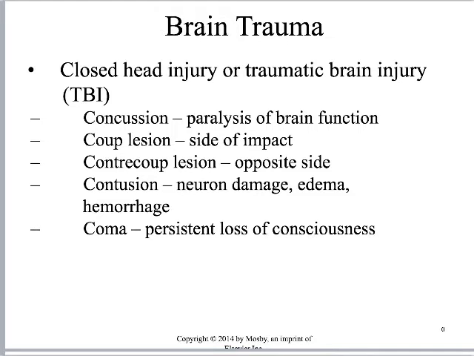So terminology that's going to be helpful for us in understanding stuff like traumatic brain injury is anytime we've got forces of compression or acceleration that are injuring the brain, we'll call that a traumatic brain injury.